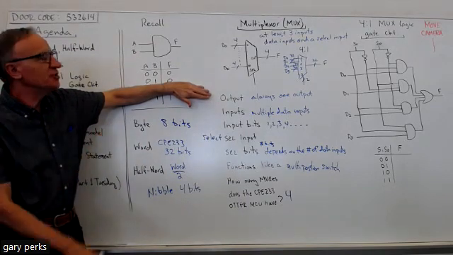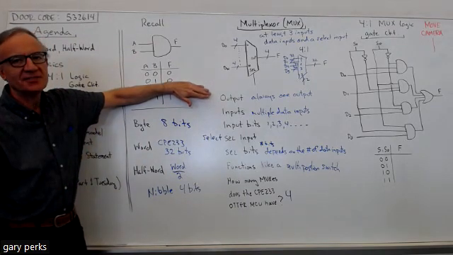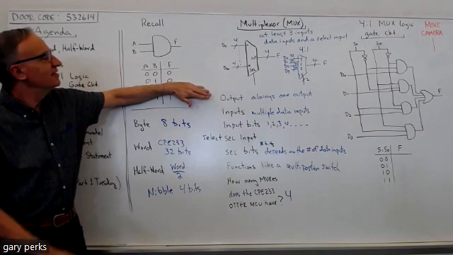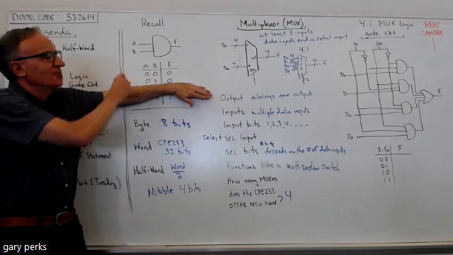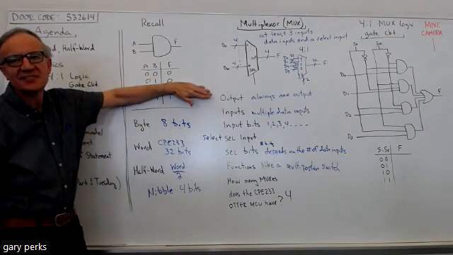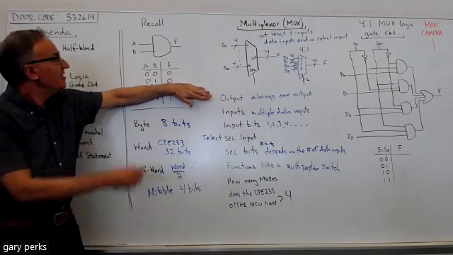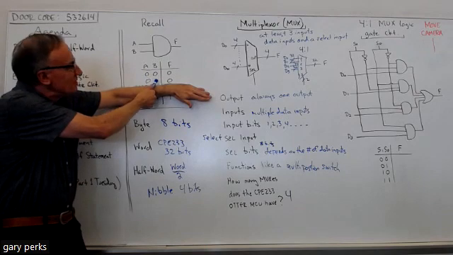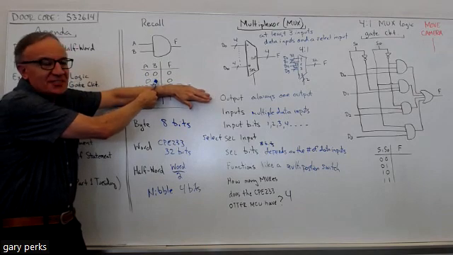If I make one input to an AND gate a 0, what can I say? The output's going to be 0. If I make one input to an AND gate 0, it doesn't matter what the other input is.